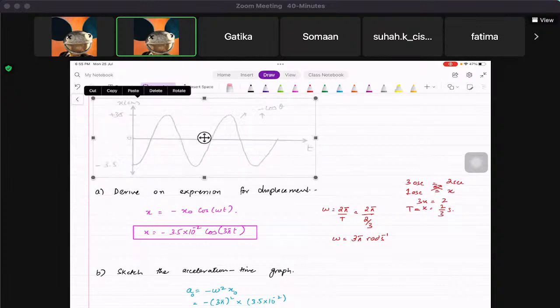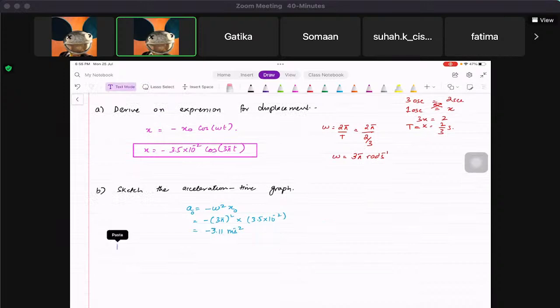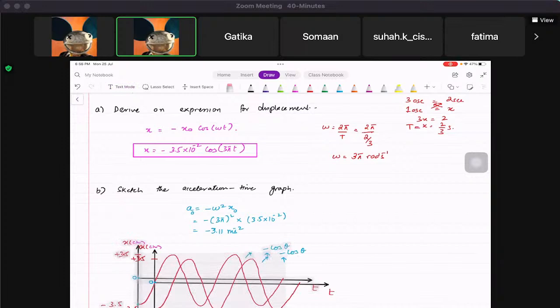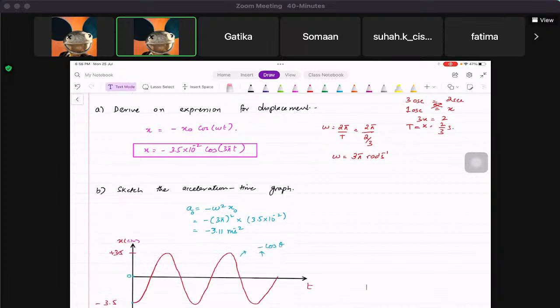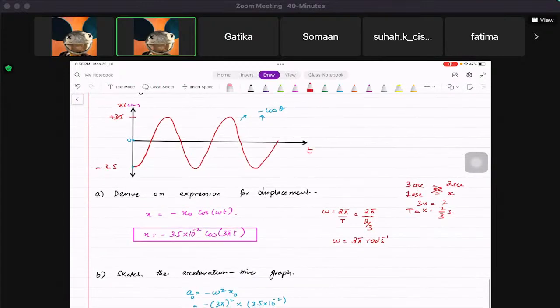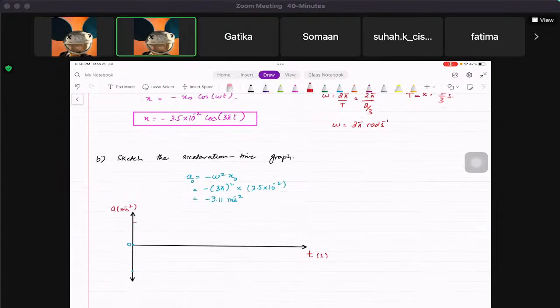Erase stuff here. Okay, and I want acceleration in meters per second square and time now, seconds. So if you look at the graph, it will be something like this. Do you guys understand?